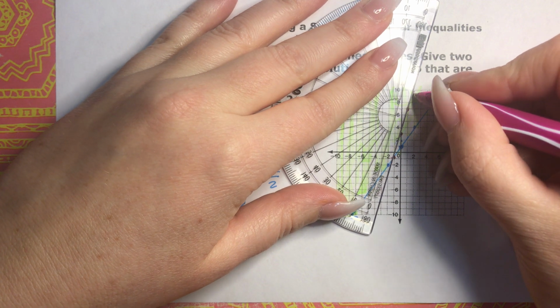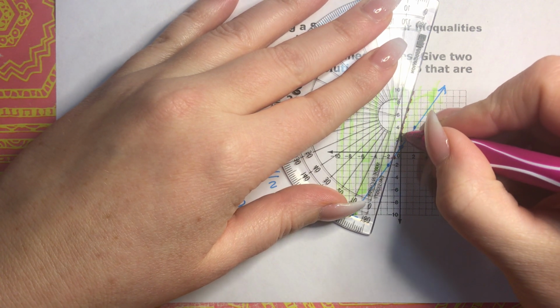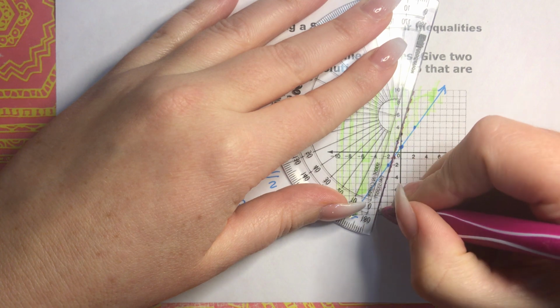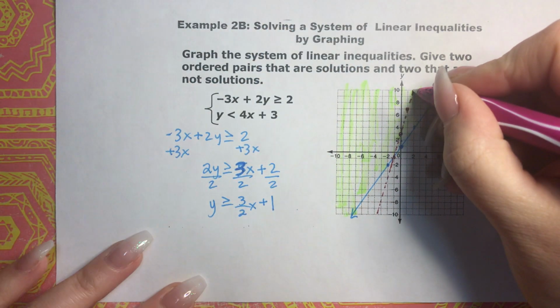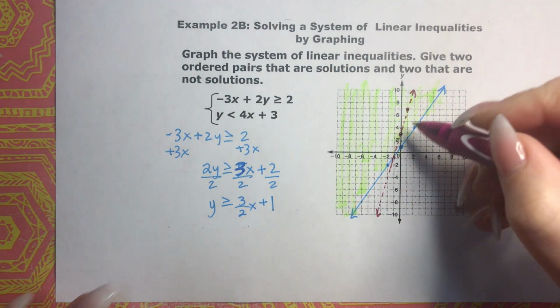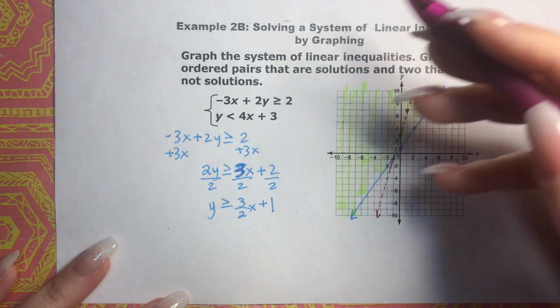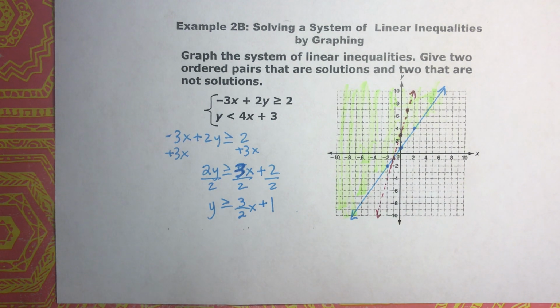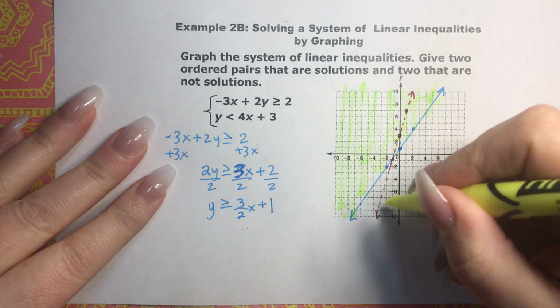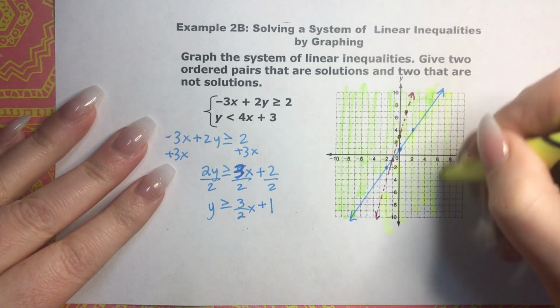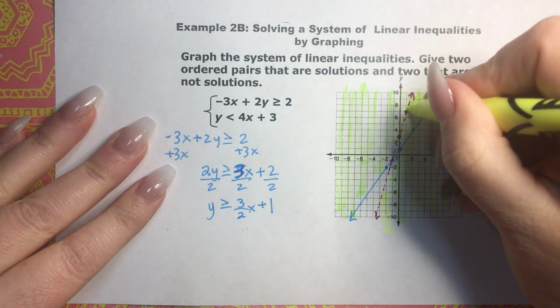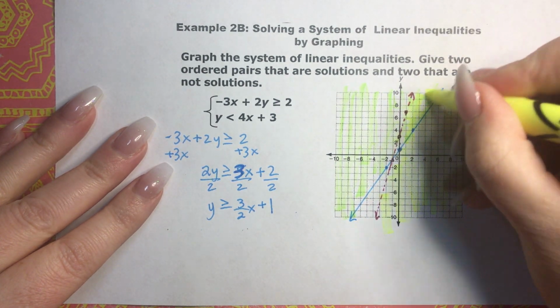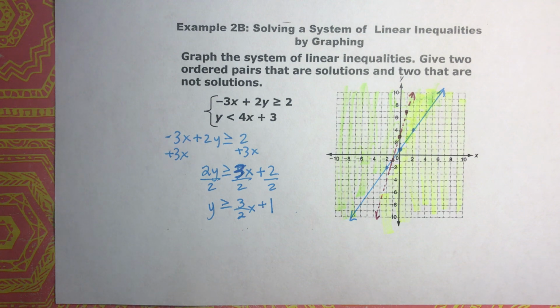Got to remember when we're graphing inequalities to check whether it's a solid line or dashed line, and the shading. It's a dashed line, and y is less than, so that means y is going to be below. So it's everything below this line, which means this is the region that they both have in common. So that is where our solutions are going to be.